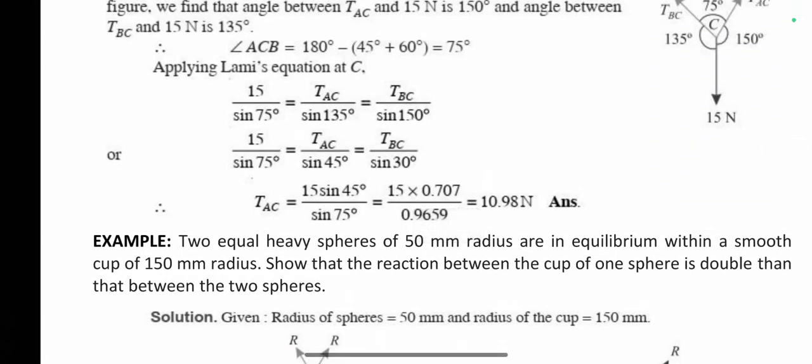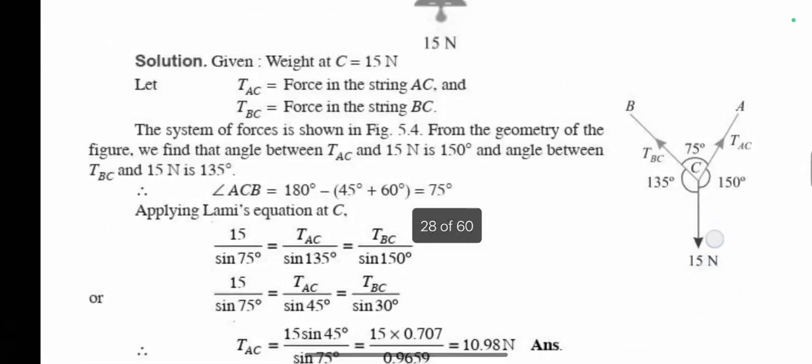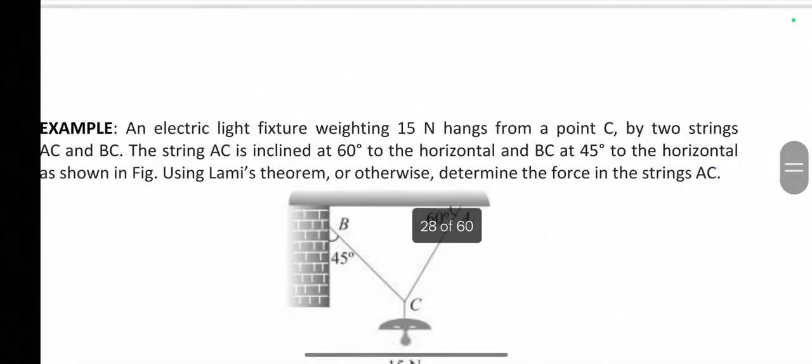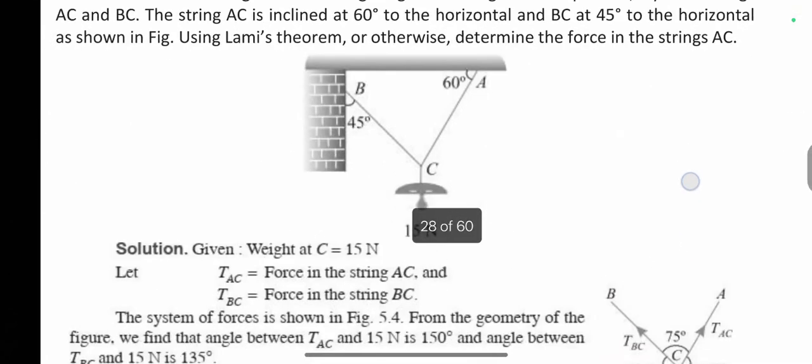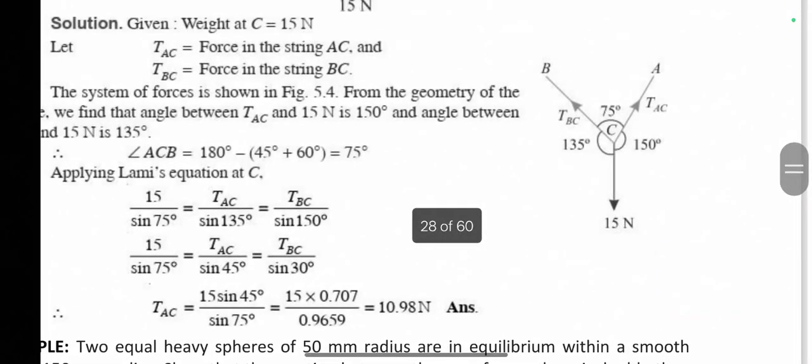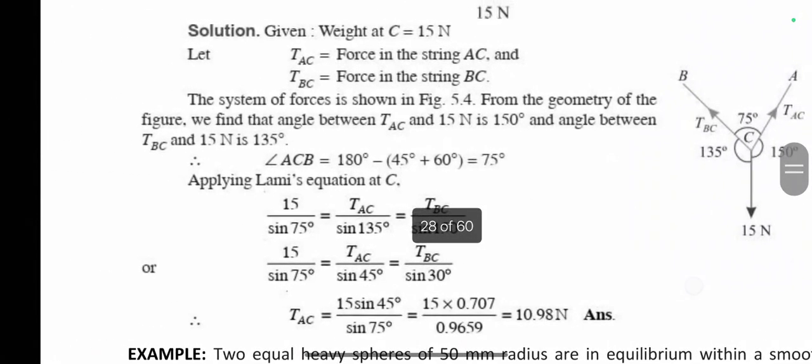Substituting the values, the first term is equal to the second term, so TAC is equal to 50 times sine 45 divided by sine 75, which will come to 10.98 newtons. What they asked is to determine the force in the string AC, so we need to find TAC. The value of TAC came to 10.98 newtons.